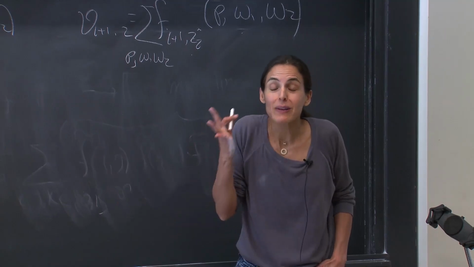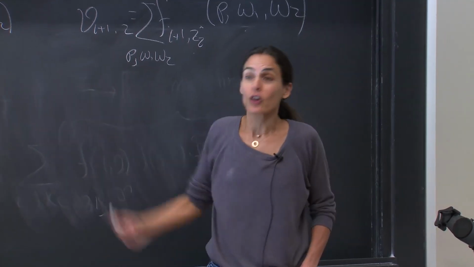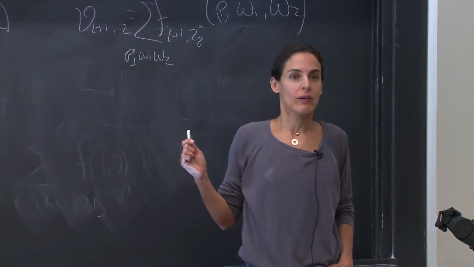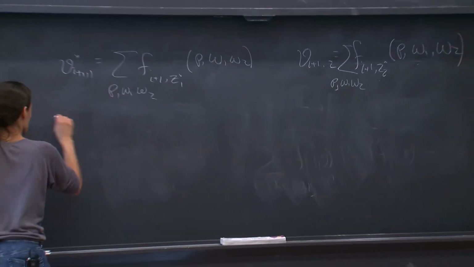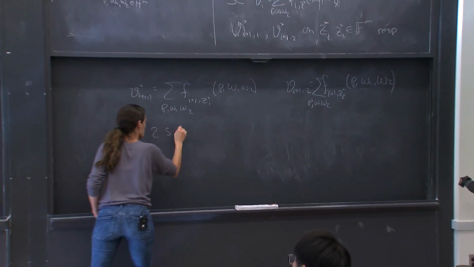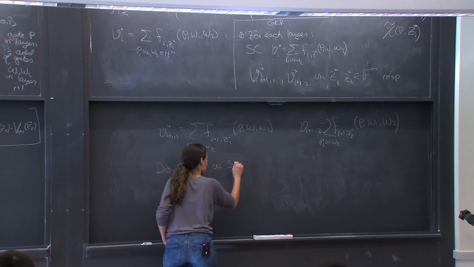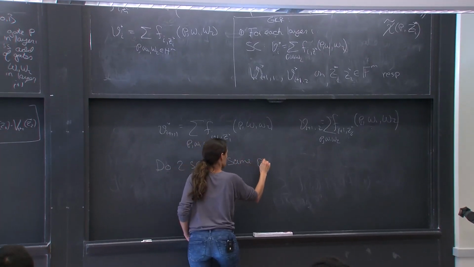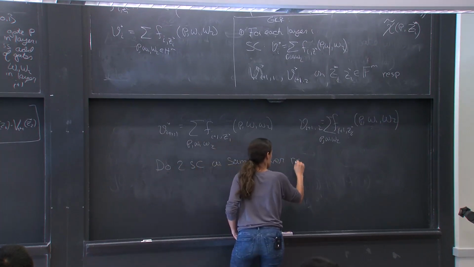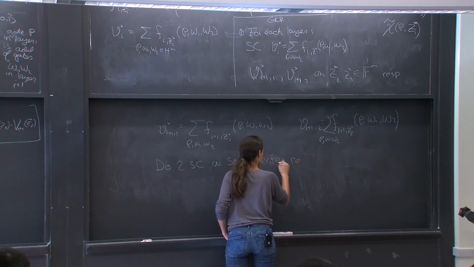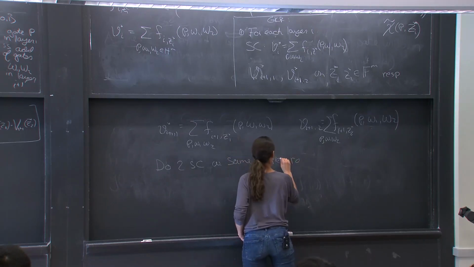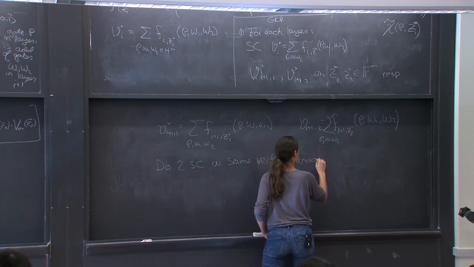No, the simple trivial observation: do two sum checks with the same randomness from the verifier. So the GKR says when you have this, do two sum checks with the same verifier randomness.